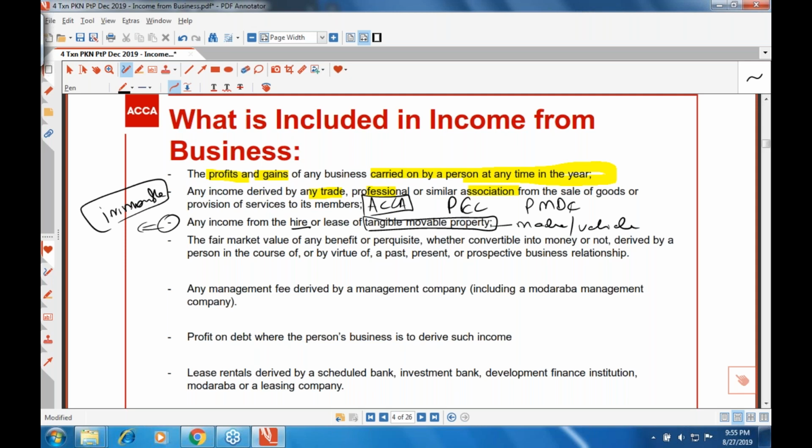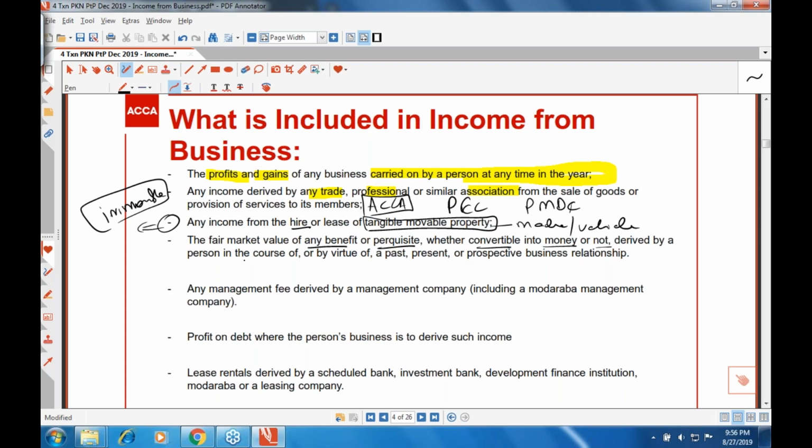That is going to be considered income from property, because the immovable property, which is land or building, when you rent them out, the rental income that you receive is considered to be income from property.